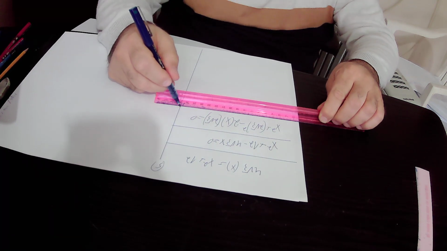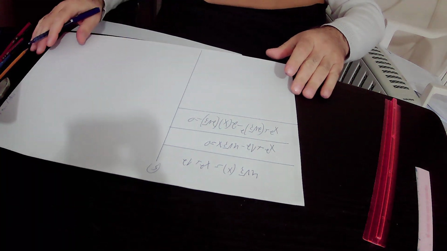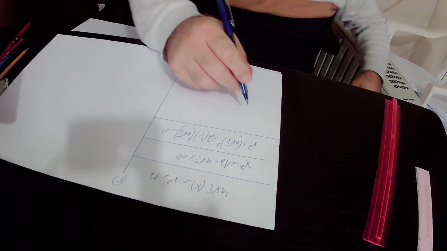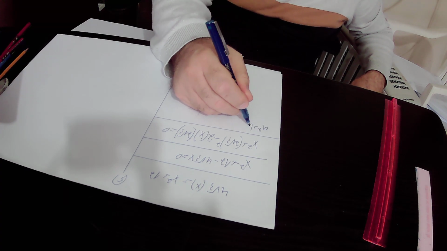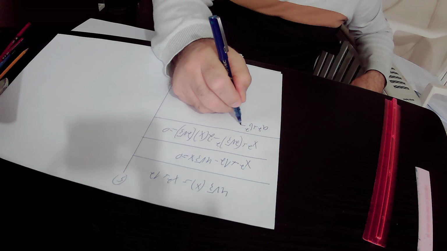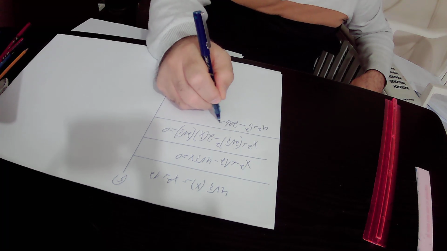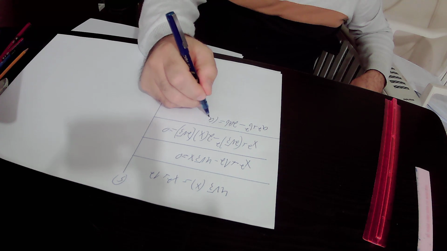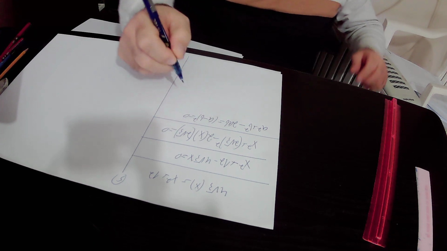This equation is very similar to the algebraic identity that states that a squared plus b squared minus 2ab equals a minus b squared, that equals 0.